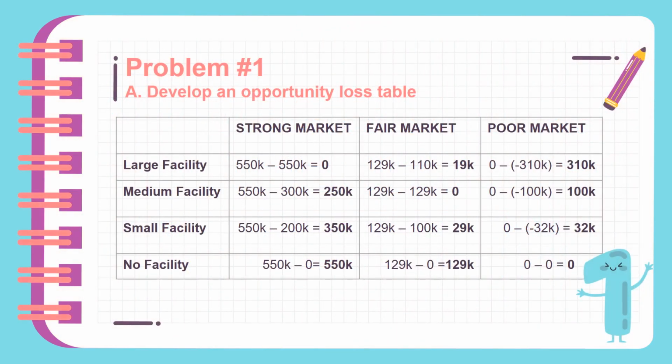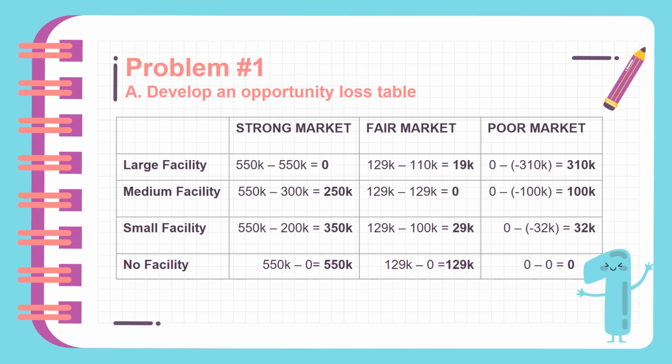So for the first problem, letter A, develop an opportunity loss table. In order to construct an opportunity loss table, we have to first find the maximum or the best payoff under the outcomes one by one.